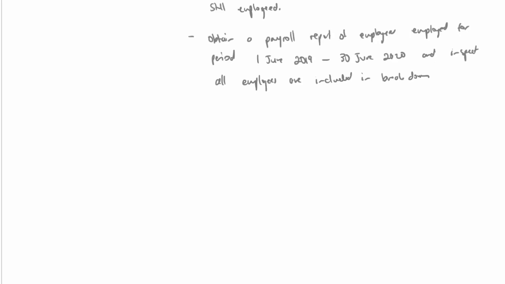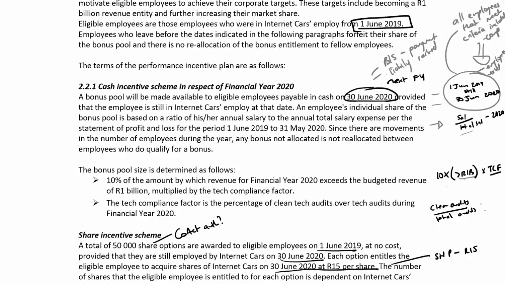Next, I need to test the rand amount for those employees. So the rand amount for the employees is going to be the ratio of their annual salary to total salary, but that's going to be applied to the actual bonus pool. So before I test the individual amounts, I need to test the bonus pool, and once I'm comfortable with that, I can then go and test their ratios.